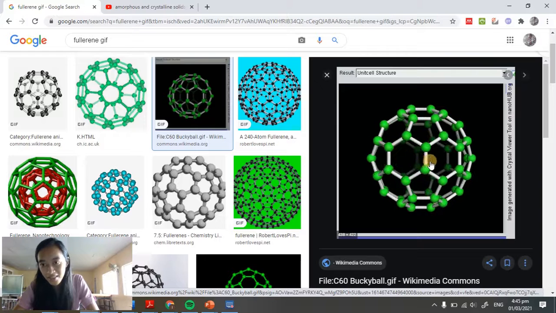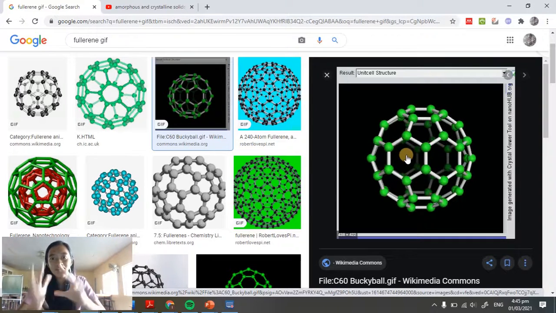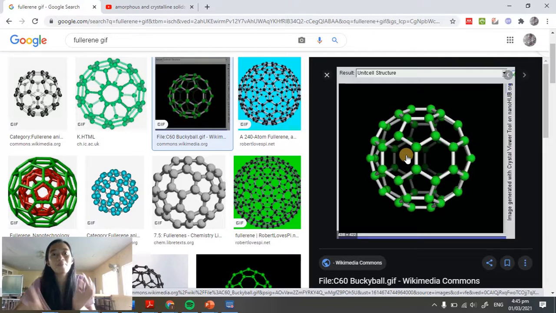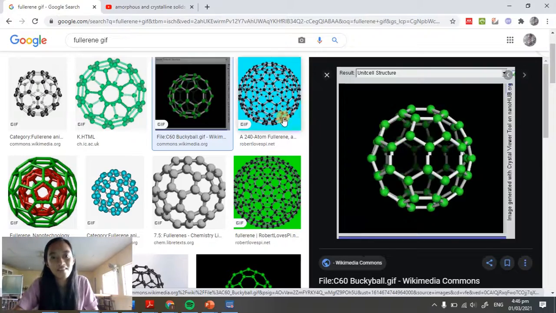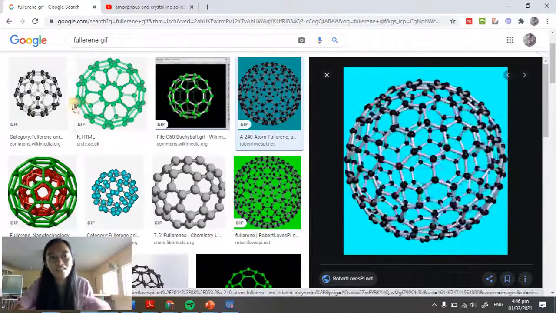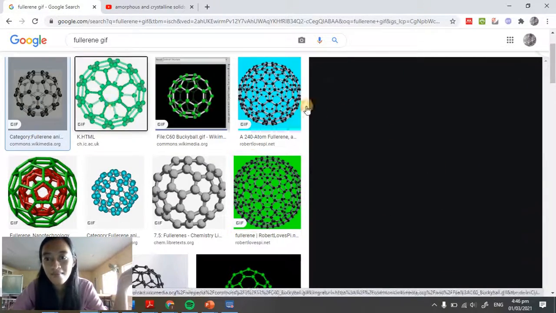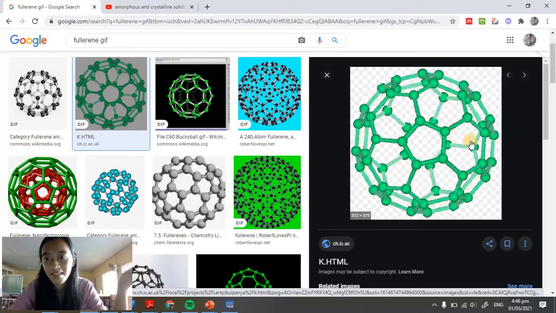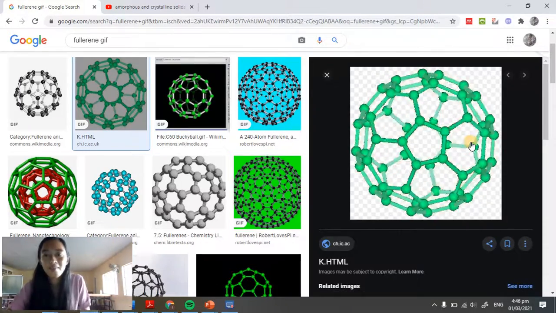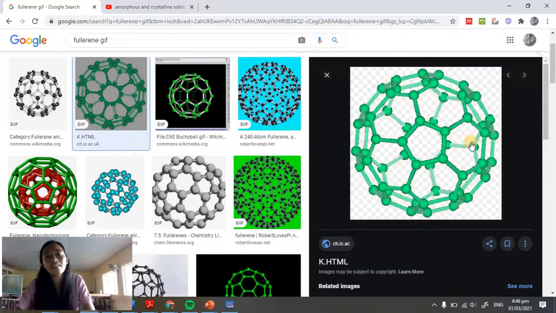Inside it is hollow, but it looks like they combine to form a ball. Buckminster fullerene, just like this. Hollow inside, nothing inside. Okay? These circles represent carbon. But still, there is a pattern. So, still crystalline.